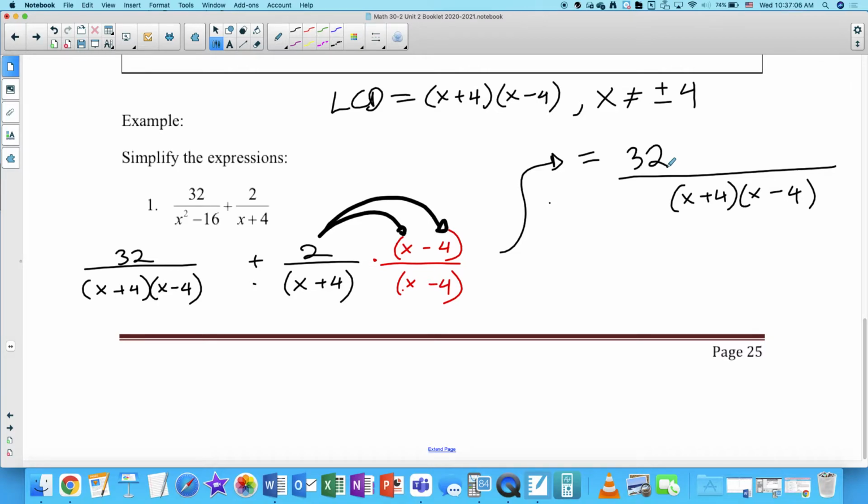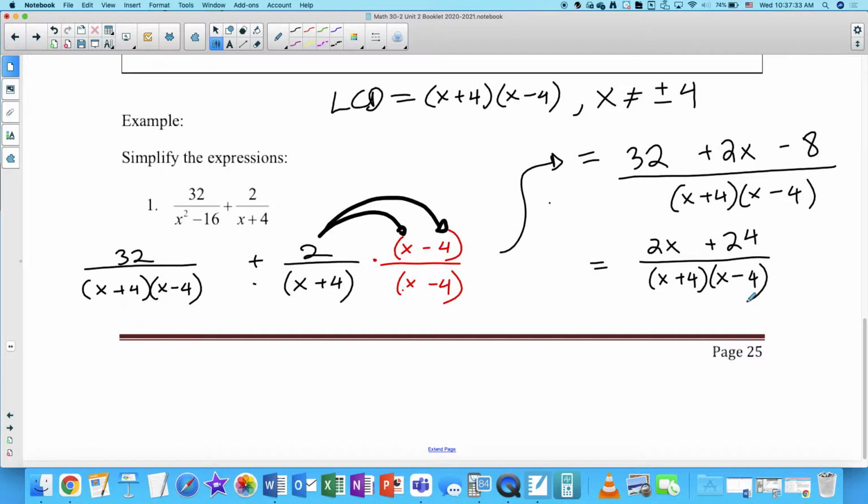So 2 times x is 2x. 2 times negative 4 is minus 8. Then we can collect like terms and simplify the numerator. So we will have 2x, and then 32 minus 8 is 24, plus 24, over x plus 4 times x minus 4.